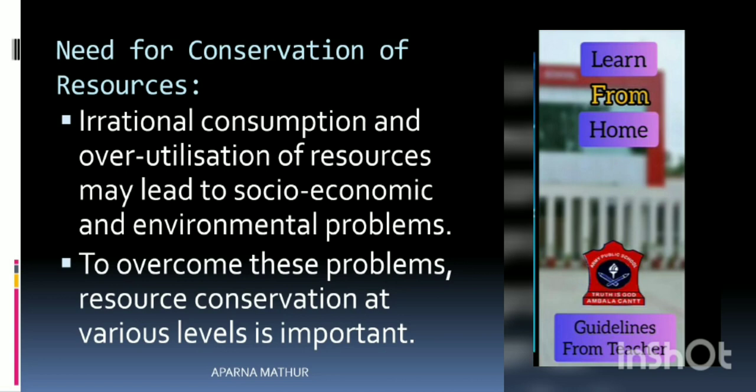There is extreme poverty in certain areas, all because of unequitable distribution of resources and their irrational consumption by certain rich and powerful regions. Therefore, it becomes imperative to conserve the resources in order to attain a sustainable development.